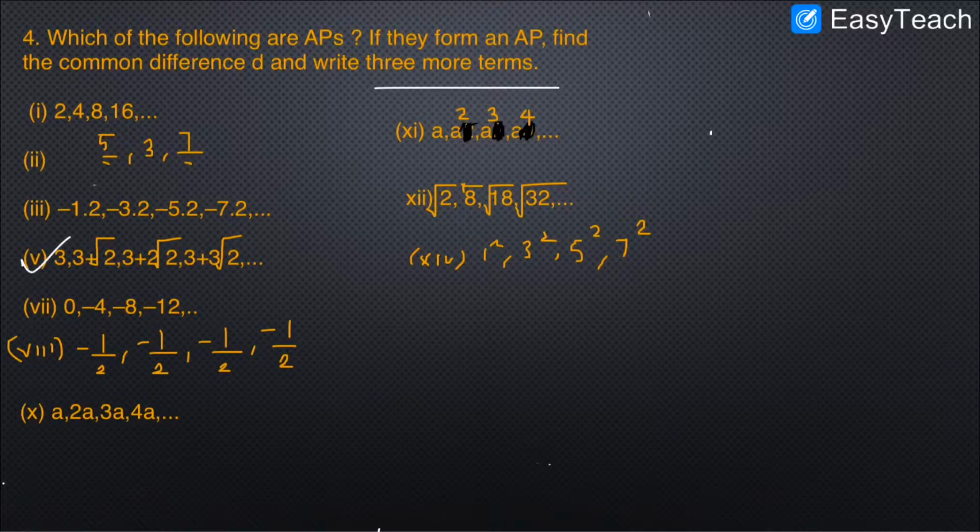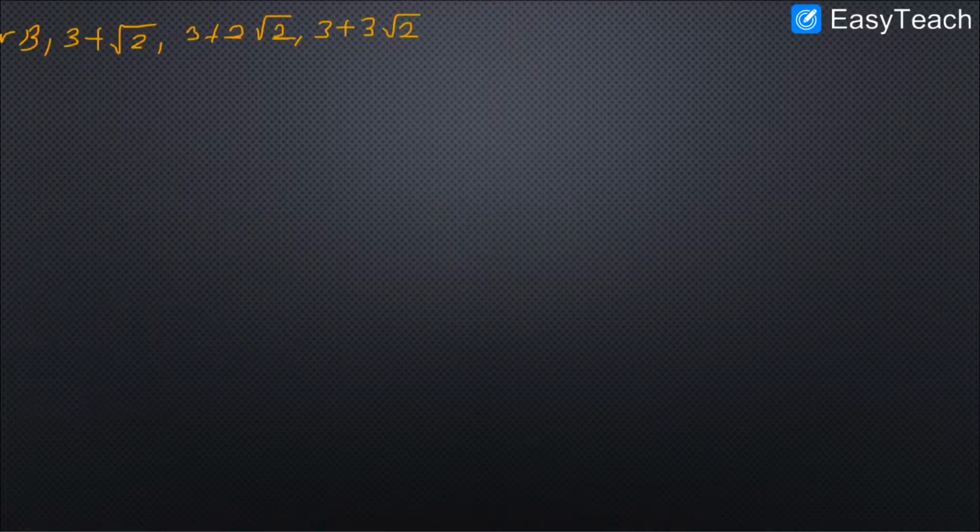Let's try to solve the fifth one: 3, 3 plus root 2, 3 plus 2 root 2 and 3 plus 3 root 2. Let's try to find this. The first step, what we have to do? We have to verify whether the given series is an AP or not. To prove that, we have to find the difference.